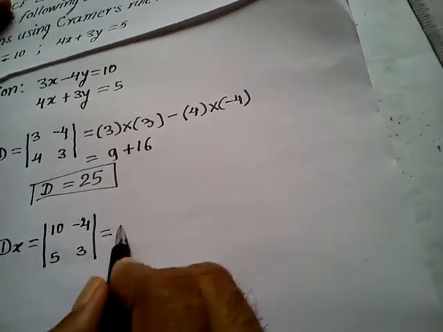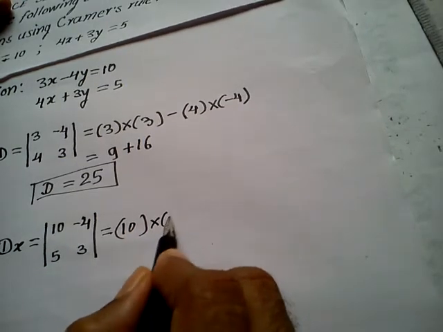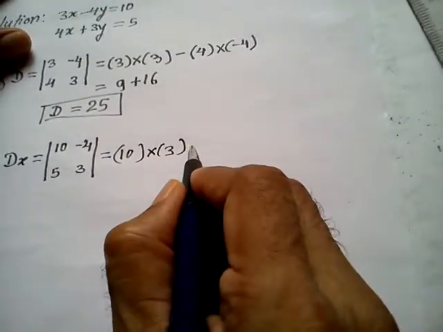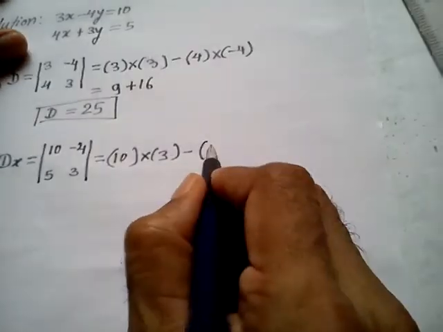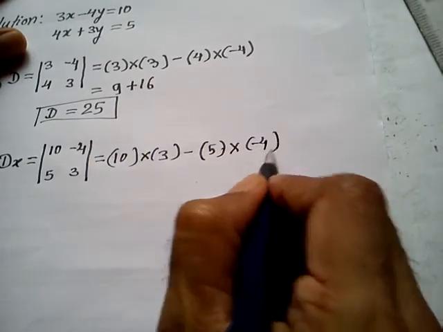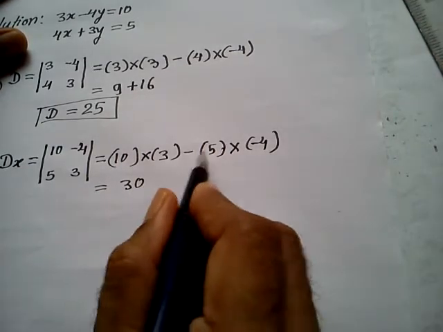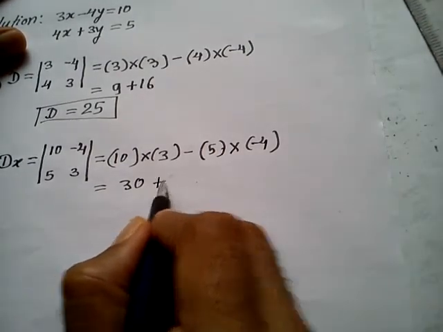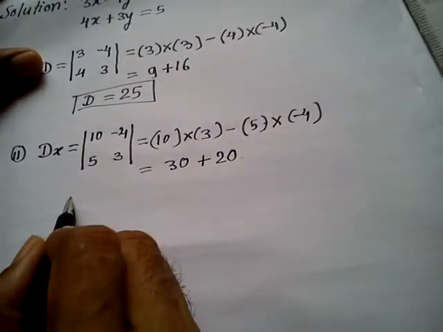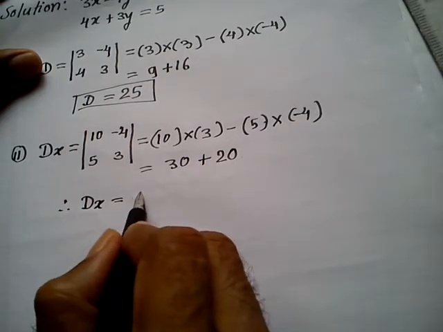The remaining method is the same: 10 cross multiplication into 3, minus 5 into negative 4. So what will happen? 10 threes are 30, minus minus plus, 5 fours are 20. Therefore the value of Dx will be 50.